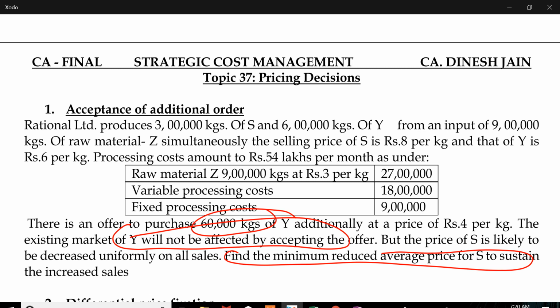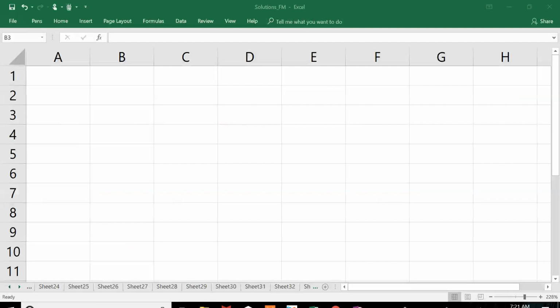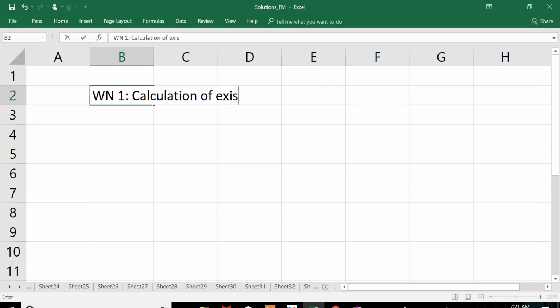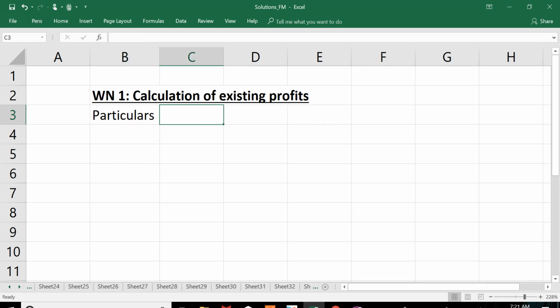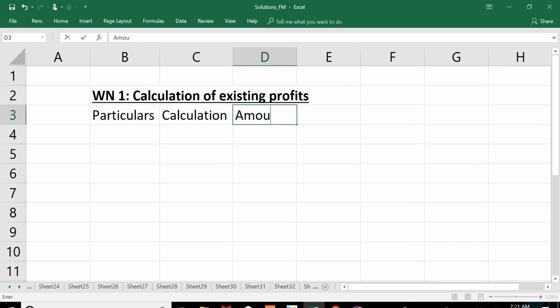Let's do working note 1, calculation of existing profit. Particulars, calculation, amount.